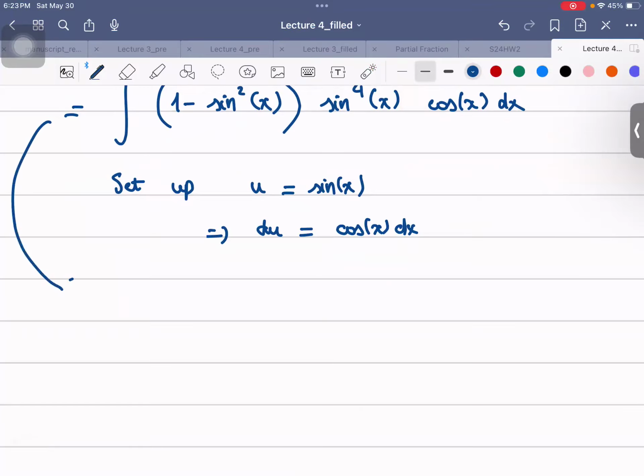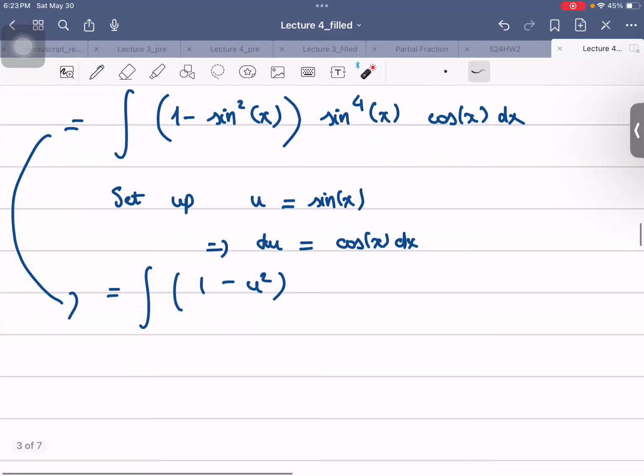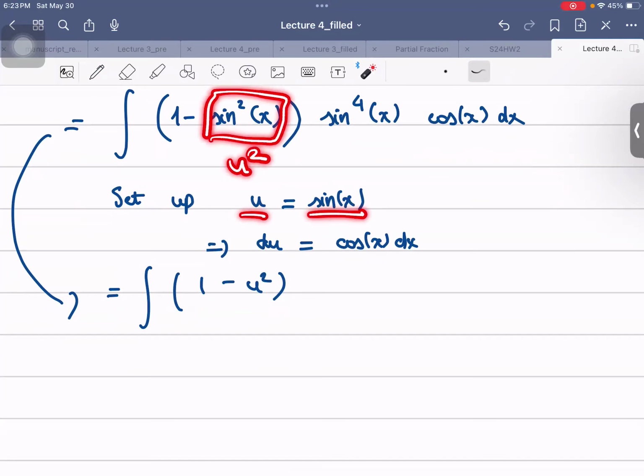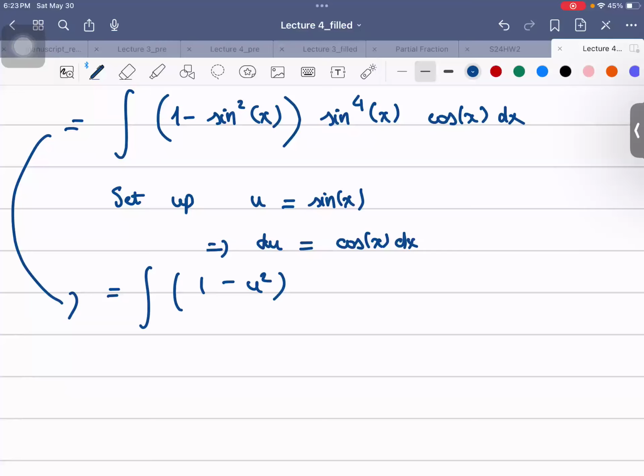So now you can rewrite your integral this way: 1 minus u squared, because u is sine, so sine squared is u squared. And again sine is u, so sine to the power of 4 means u to the power of 4.